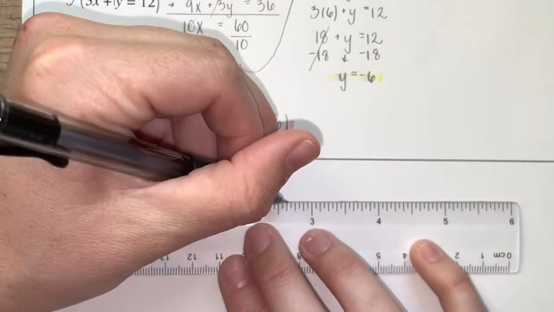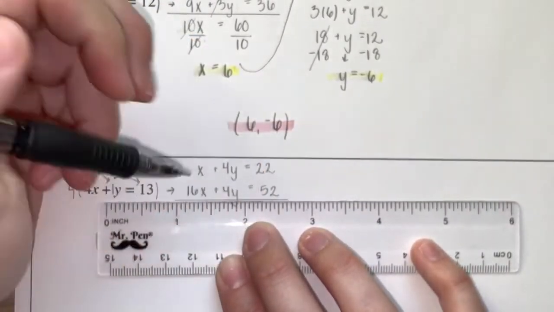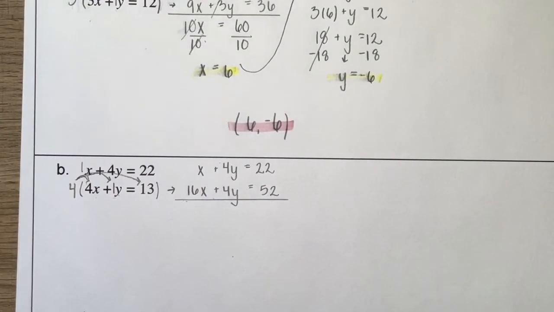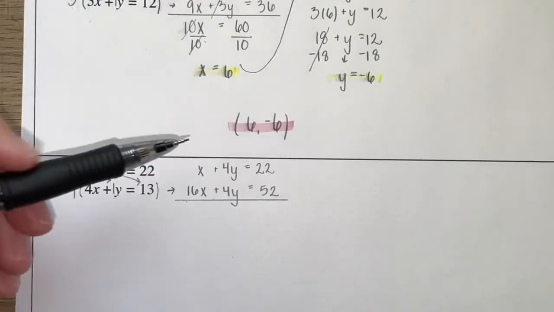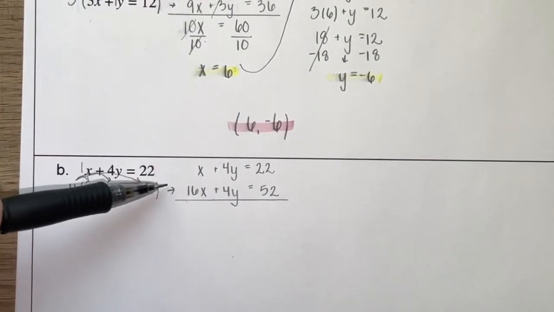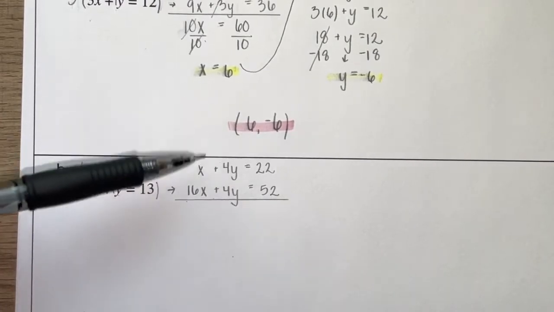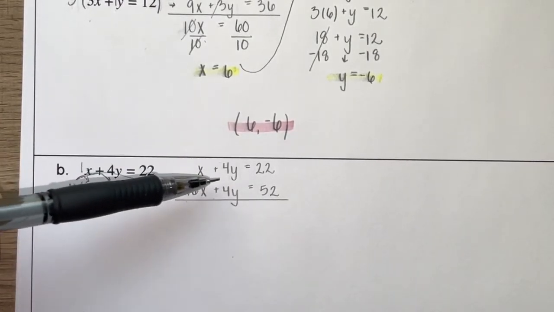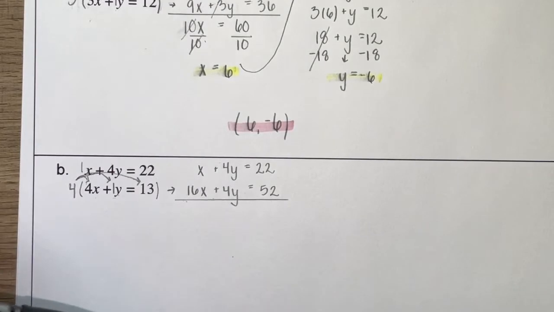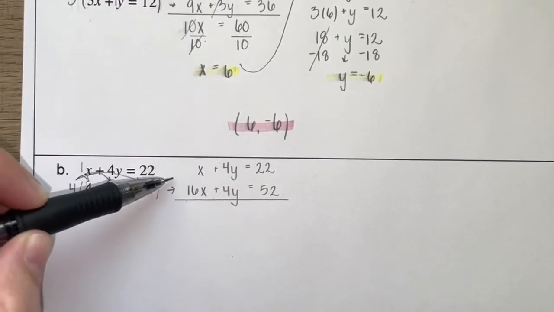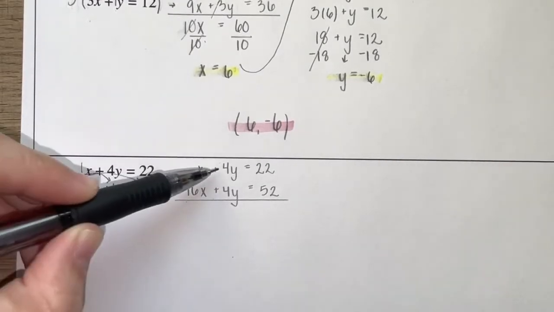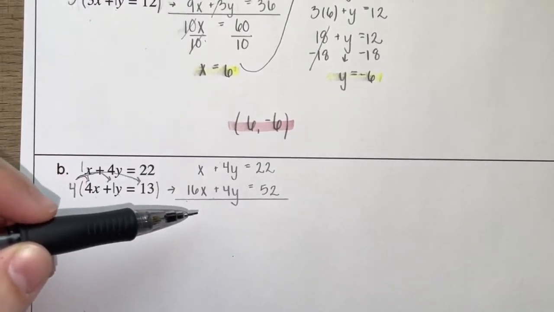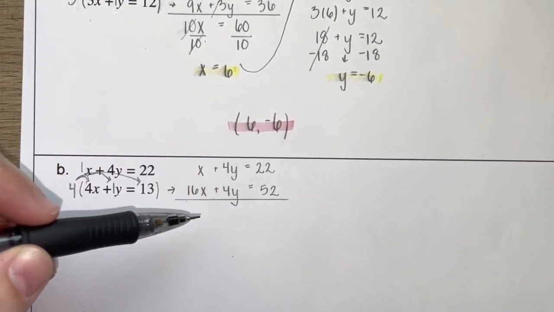Up until this point with elimination, all of our examples have had opposite signs over the coefficients that match. So when they've had opposite signs, we've added the two equations together. And that's because if we pretend in our head that these were opposite signs, if I had negative 4 plus positive 4, those would cancel out. But if I add these two equations together, these actual equations, it would be positive 4 plus positive 4, which is 8.